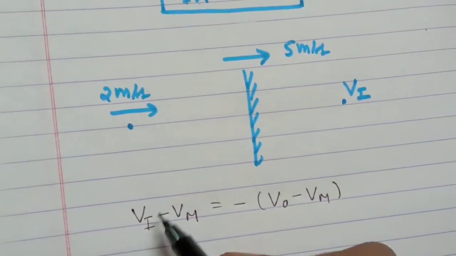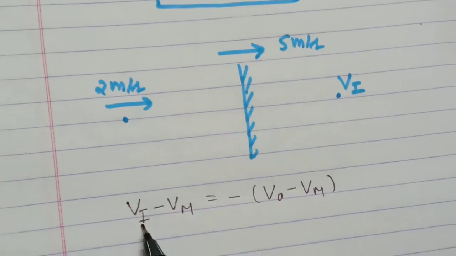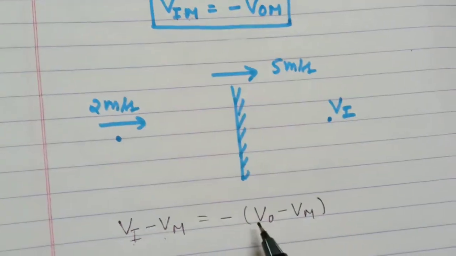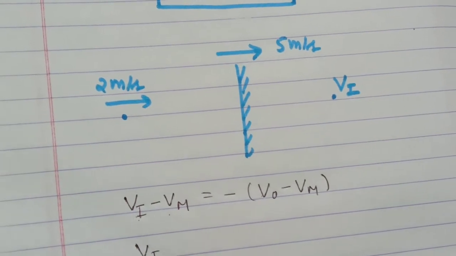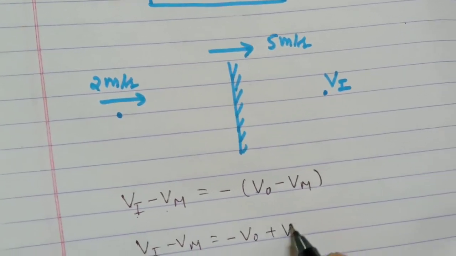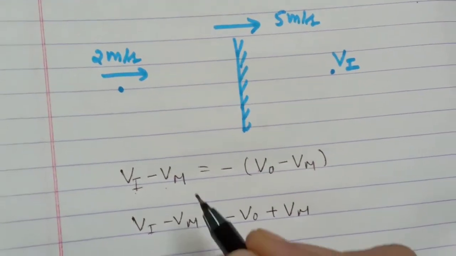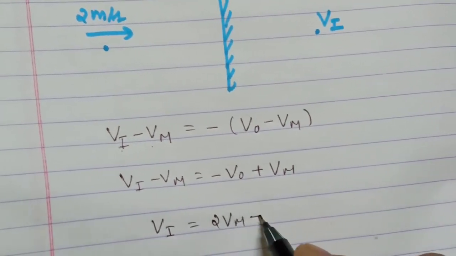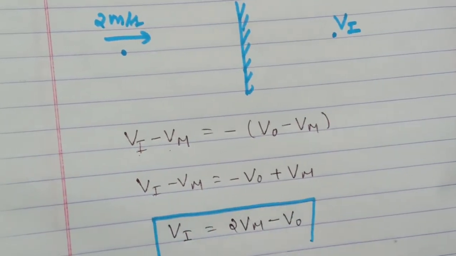Velocity of image with respect to mirror is velocity of image minus velocity of mirror, and velocity of object with respect to mirror is velocity of object minus velocity of mirror. So velocity of image minus velocity of mirror is equal to minus velocity of object plus velocity of mirror. V_i is equal to 2V_m minus velocity of object. This is the formula for the moving mirror.